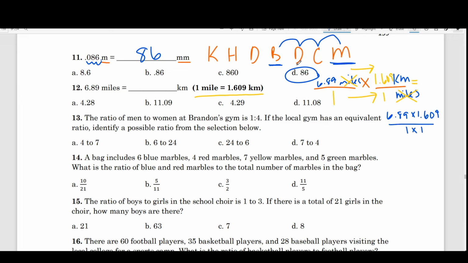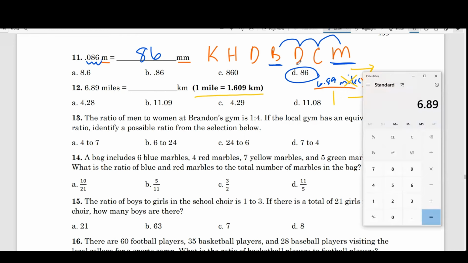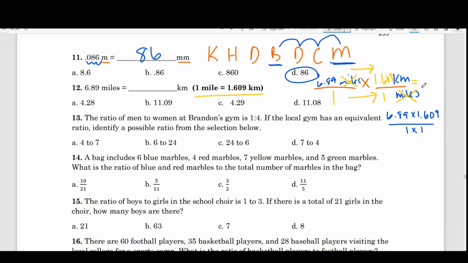That gives us 11.086. Then 1 times 1 is 1, so we just have 11.086. Of course I didn't specify to round, but here you round to the nearest hundredth, which would give us B.